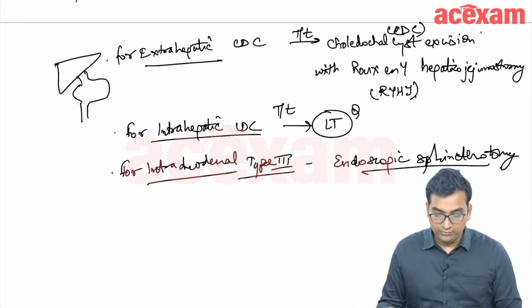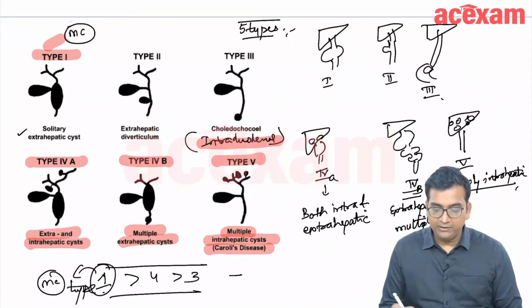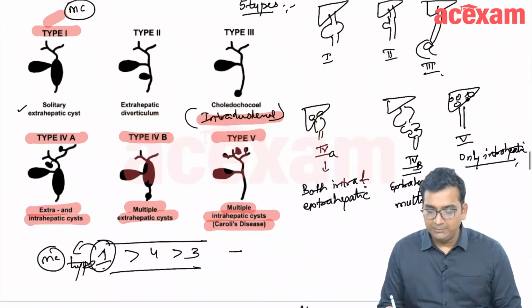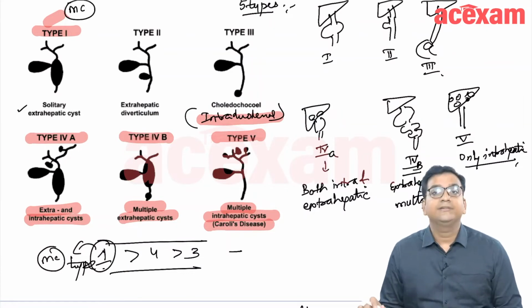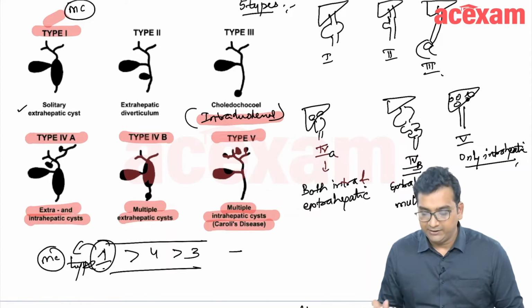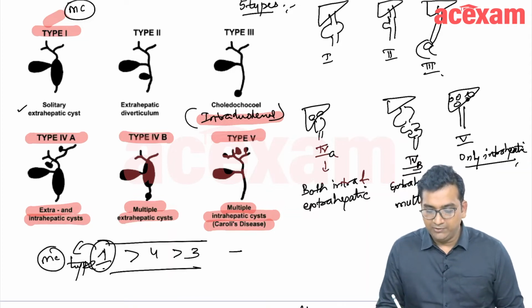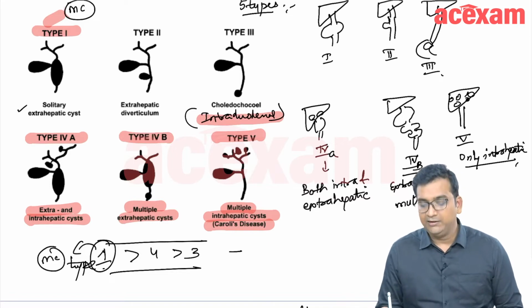So for type 1, type 2, as well as type 4B, the treatment should be choledochal cyst excision and Roux-en-Y hepaticojejunostomy. For type 3, the treatment should be endoscopic sphincterotomy.